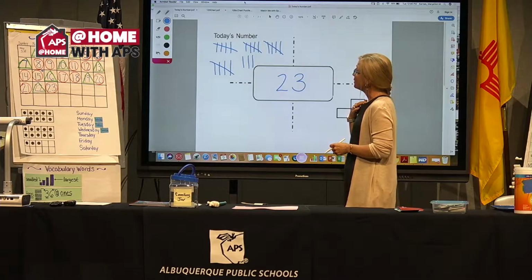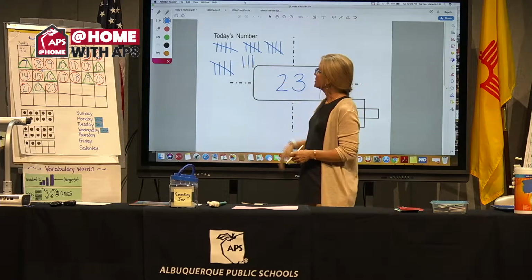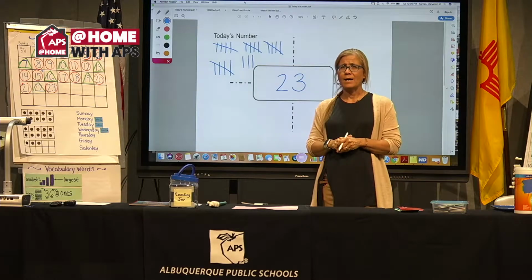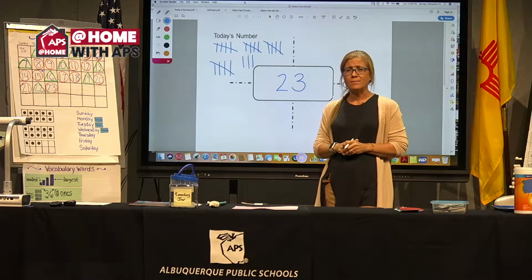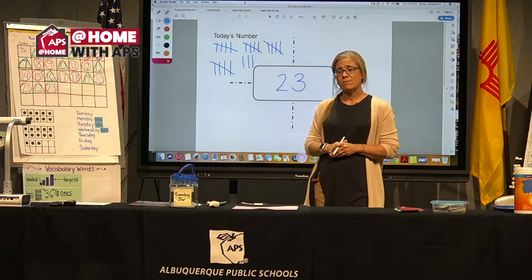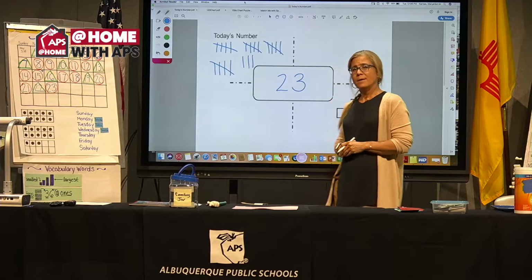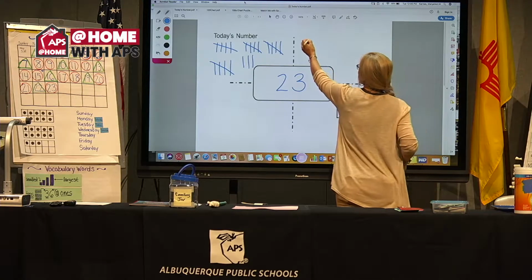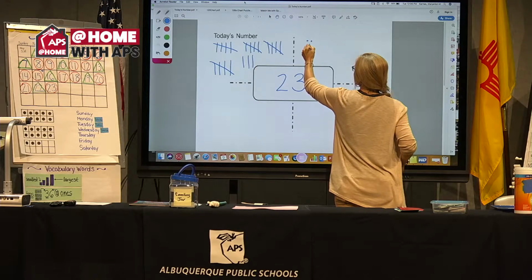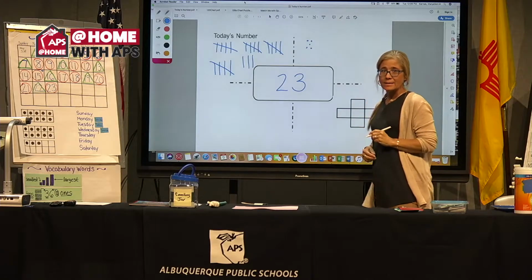So we did tally marks. I was thinking about, is there another way to show 5 as a group that you might have seen before? I was trying to think of a different way I could show 5. Yeah, you might have seen 5 as the 5 that we see on a dot pattern or a dice.